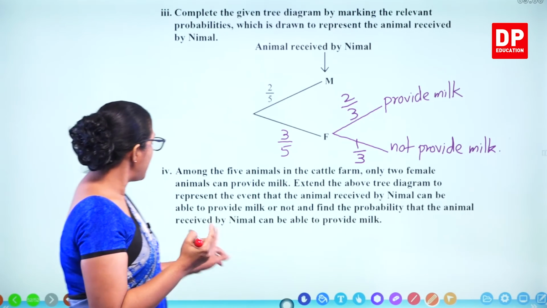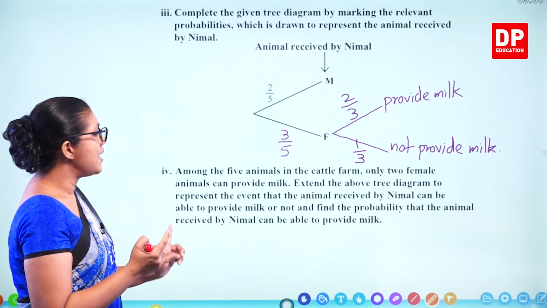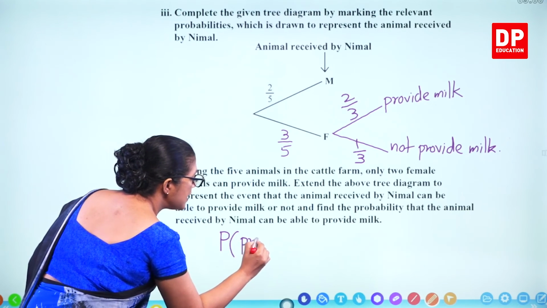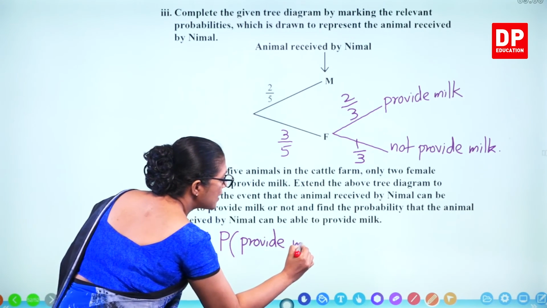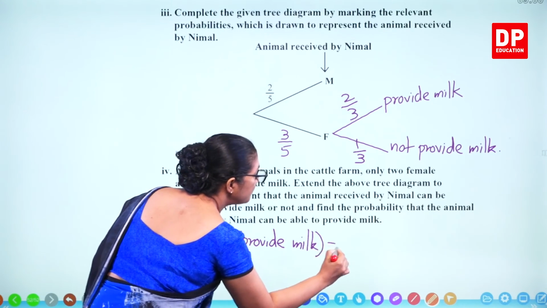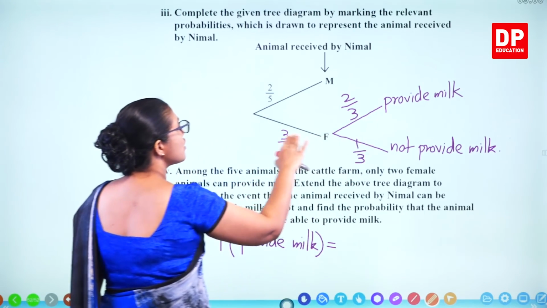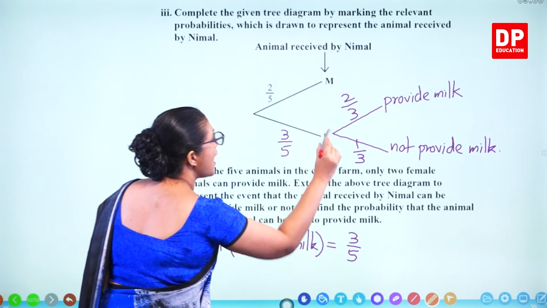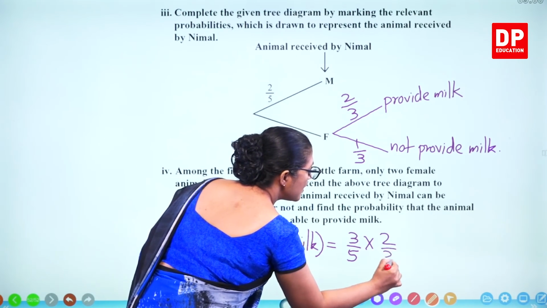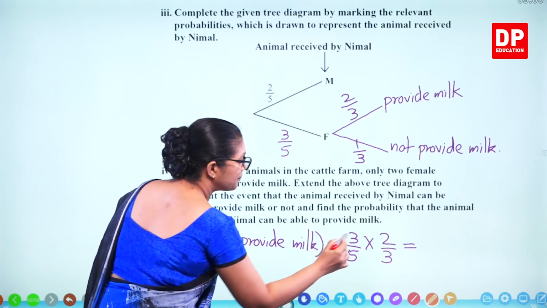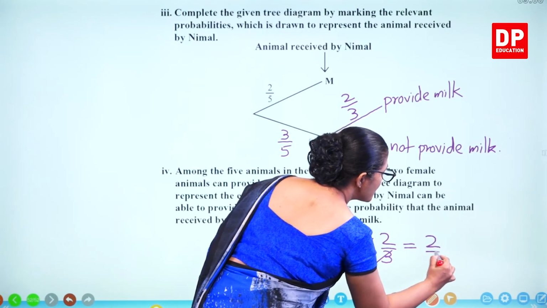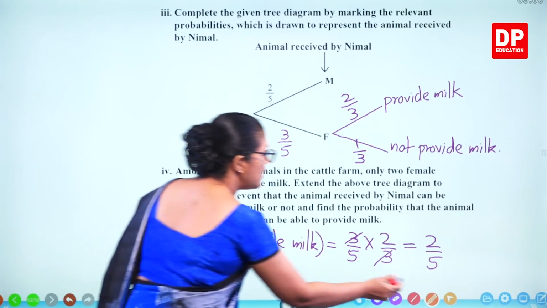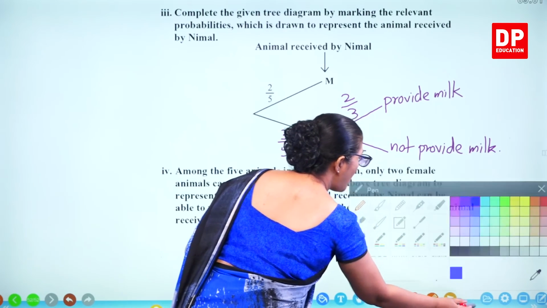And find the probability that the animal received by Nimal can be able to provide milk. So probability of providing milk is this branch. You have to take 3/5 female, 3/5 and 2/3 can provide milk. So you get 2/5 as the answer. So that's the probability. So we'll give marks for this part.